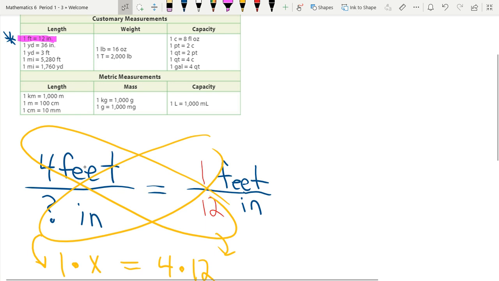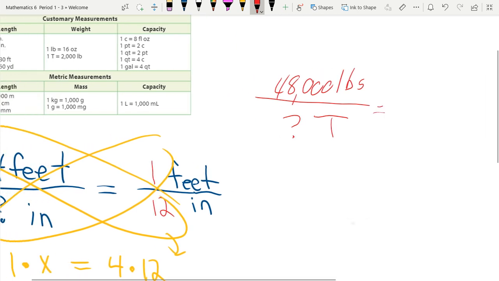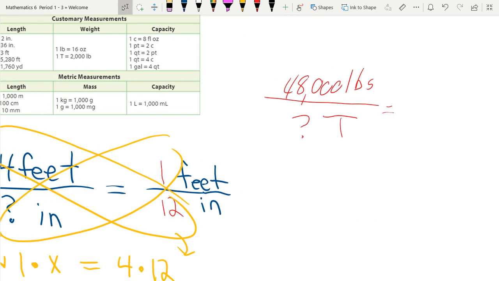Let's do another one. Let's do weight. If I had, let's go with 48,000 pounds, and I want to know how many tons that is. 48,000 pounds equals how many tons?